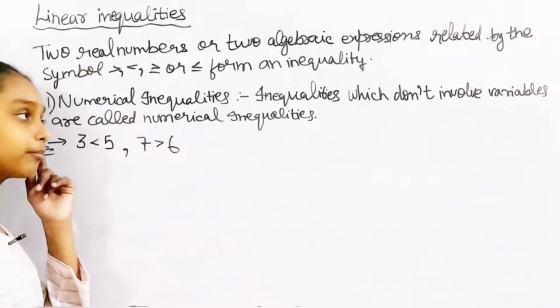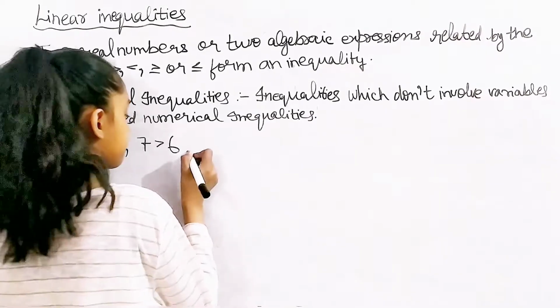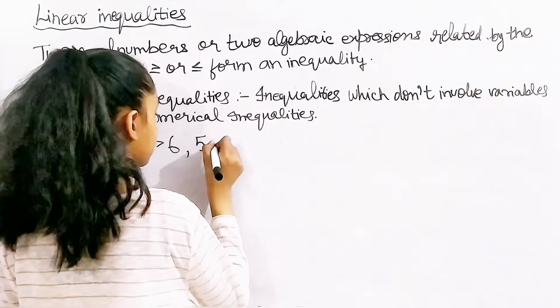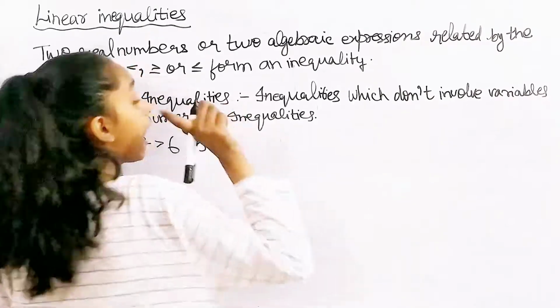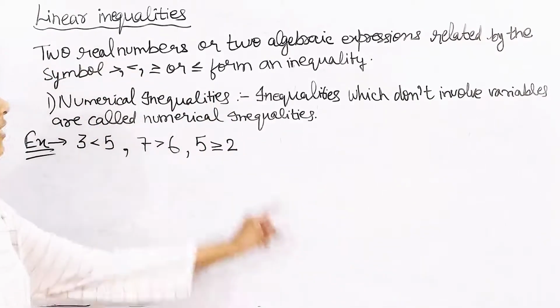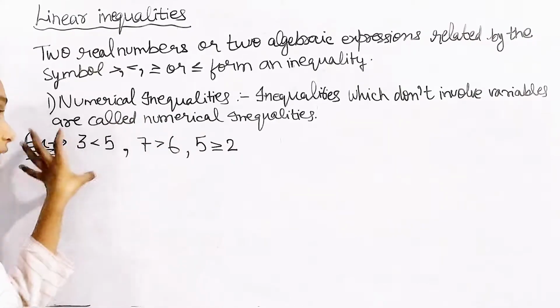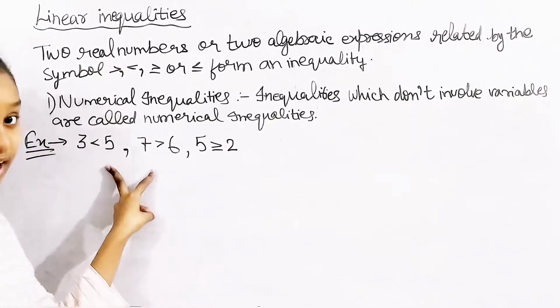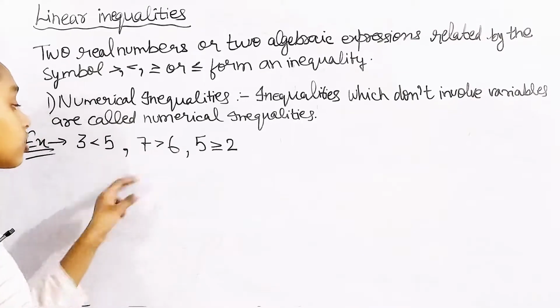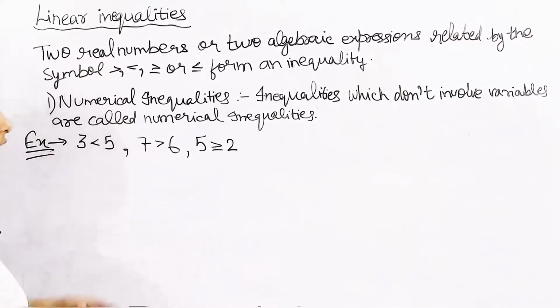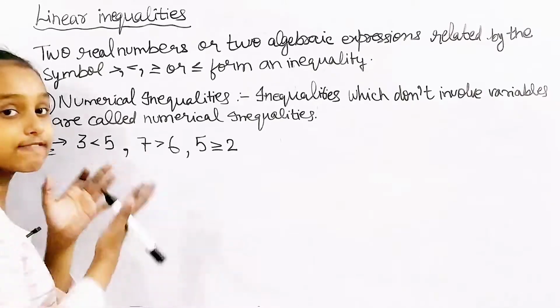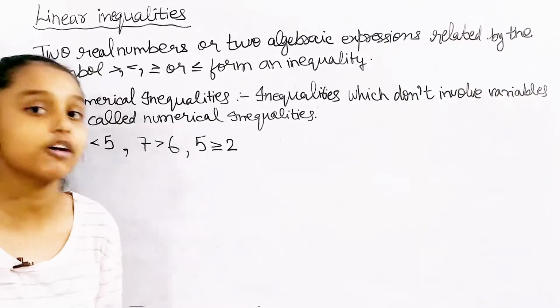Let's say 5 is greater than or equal to 2. One thing that really doesn't matter: what I've written in the first example was actually true, that 3 is actually less than 5. It can't be greater than 5.